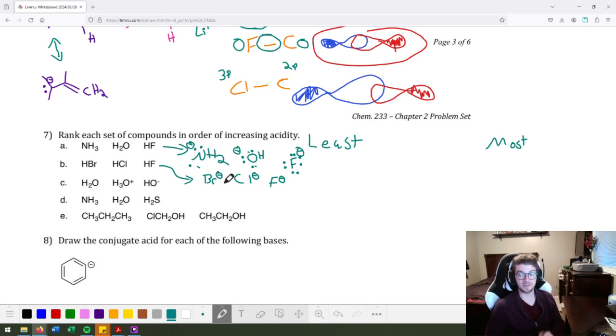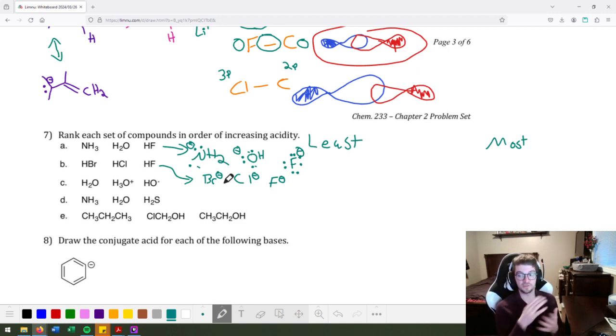And so when we're comparing down a group, as being group 7 or 17, depending on how you reckon it, the larger the atom on which there is a charge, the more spread out that charge is, so the more stable that charge is, right?